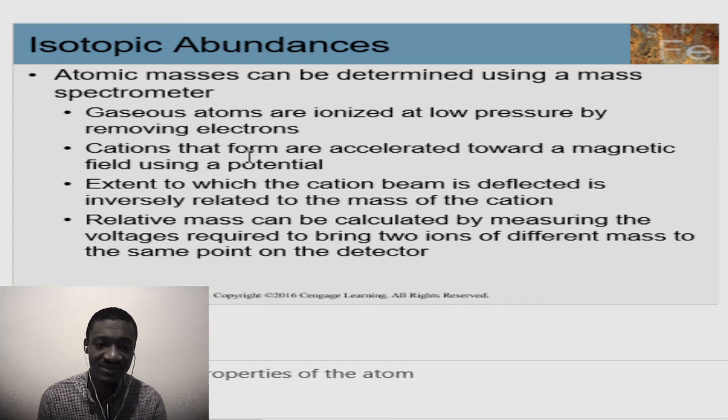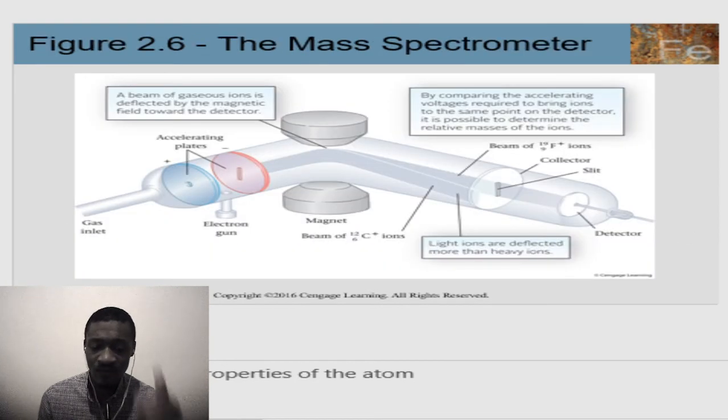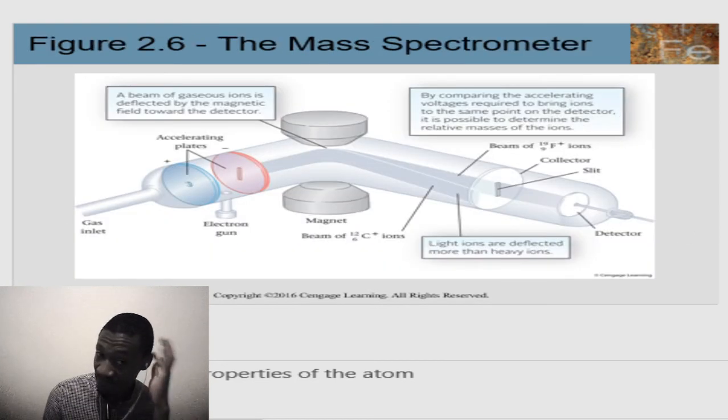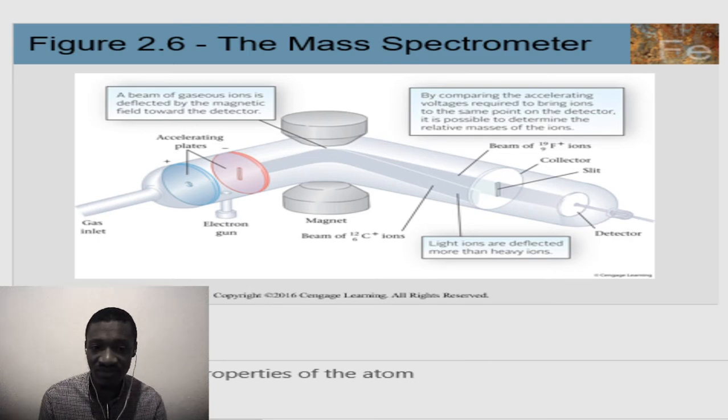So the cations that form are accelerated towards the magnetic field using a potential. I think I'll just go and explain the image so that it will make more sense. So look at what happens here. What you have here is a gas inlet, and the gas goes through this hole.